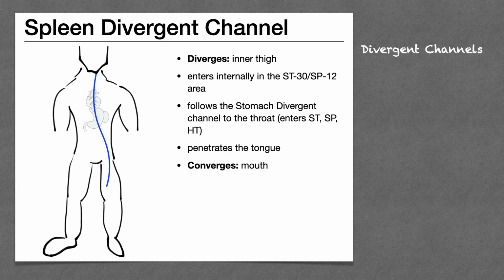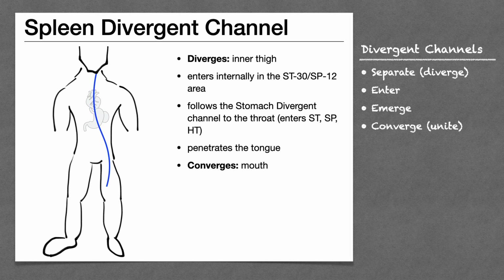So next we have the divergent channel. Remember what we said about the pathways of divergent channels. They separate or diverge from the primary channel on the extremities, they enter body cavities, they emerge near the head or neck, and then converge with the yang paired channel. So the spleen divergent channel separates or diverges from the primary channel on the inner thigh. We don't really say a specific point, we just say on the thigh.